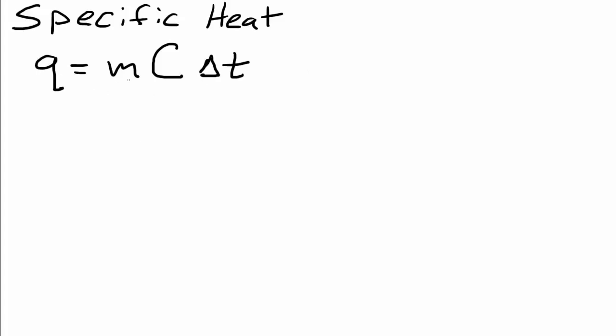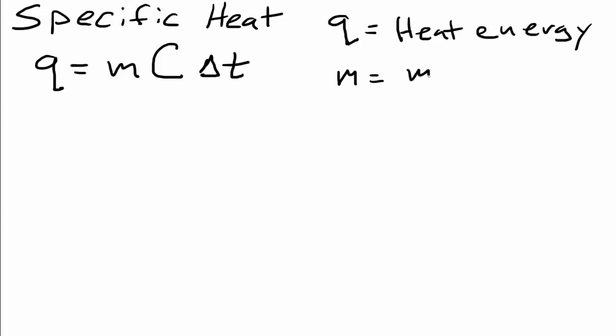So what the heck are Q, M, C, and delta T? Well, Q is the amount of heat energy gained or lost. So that's the heat energy term. M, as you might be able to guess, is mass. Capital C is the specific heat.